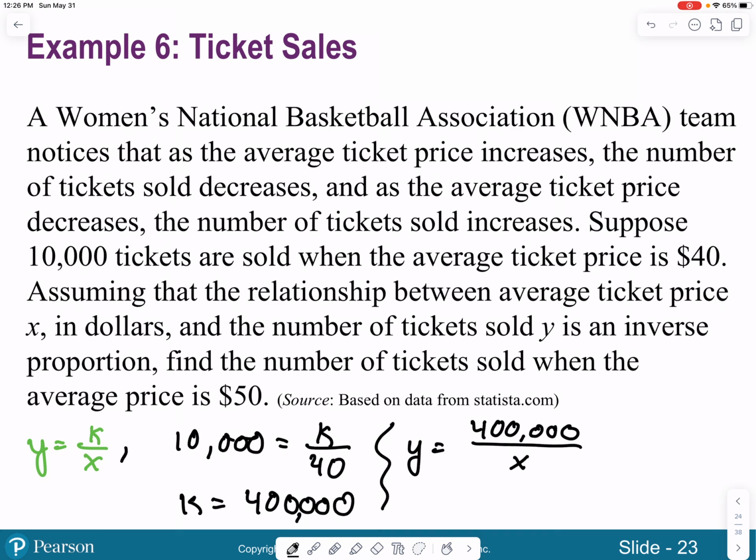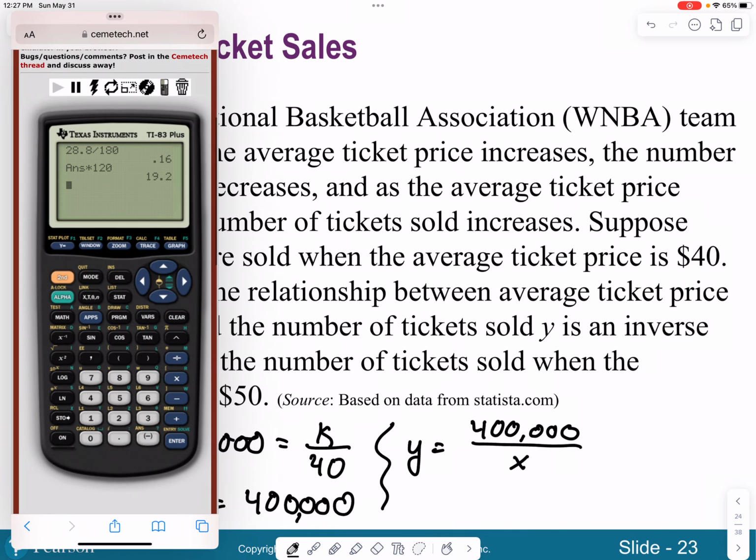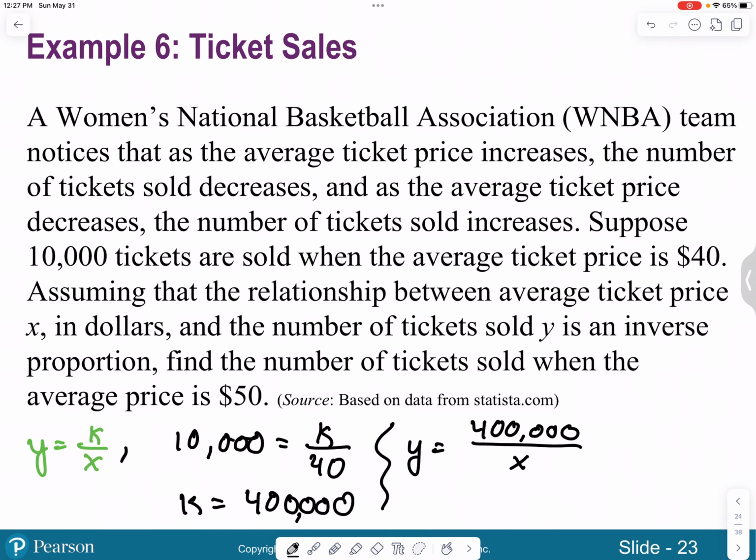So whatever the price is, we say 400,000 divided by that price, and that should give us a sense of how many tickets we're going to sell. Find the number of tickets sold when the average price is 50. So we let x be 50. 400,000 divided by 50, so we can anticipate 8,000 tickets.